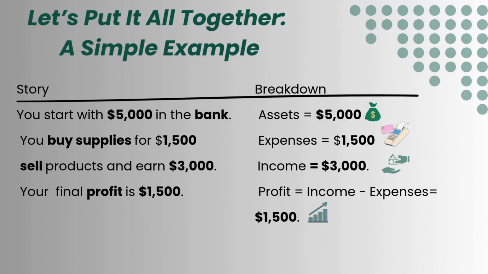We call that income of $3,000. Then your final profit is simply $1,500. How do we get that? We said profit is equals to income minus expenses. So 3,000 minus 1,500 the expenses, we get a profit of $1,500.